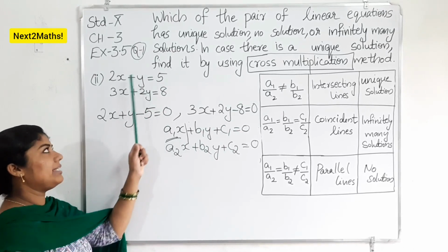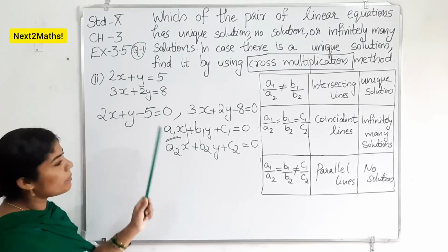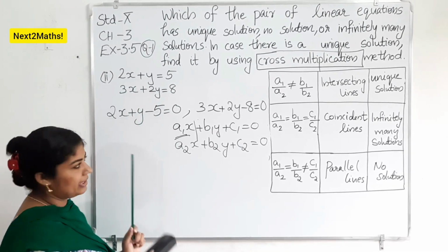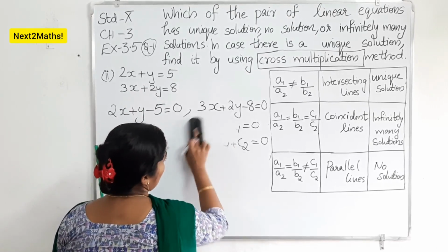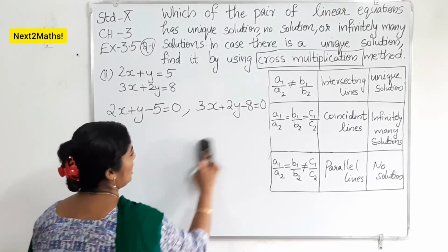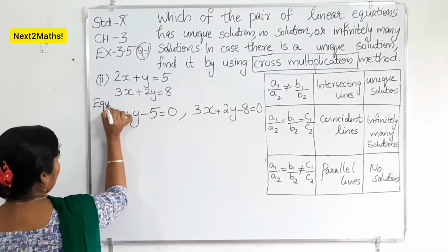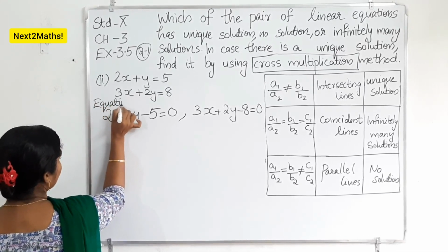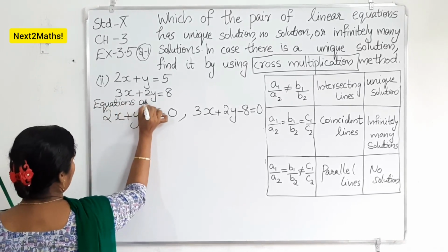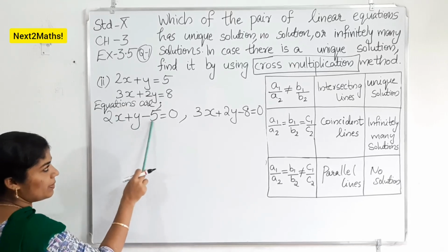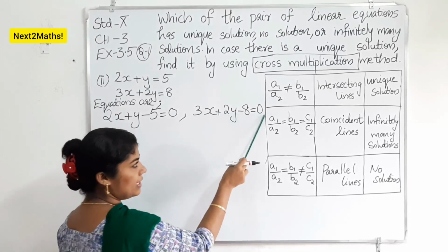Without writing this, we can do the same problem, which we will discuss in the next problem. Now our equations have the general form. The equations are 2x plus y minus 5 equals 0 and 3x plus 2y minus 8 equals 0.